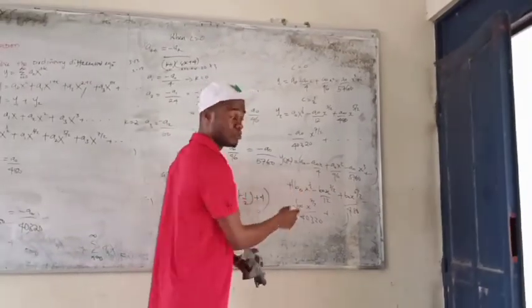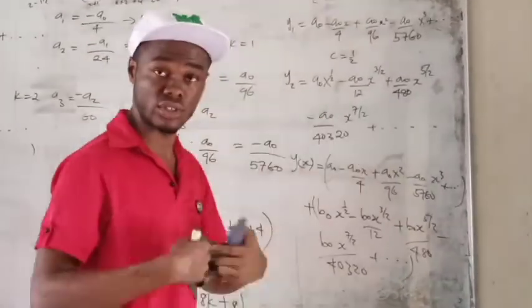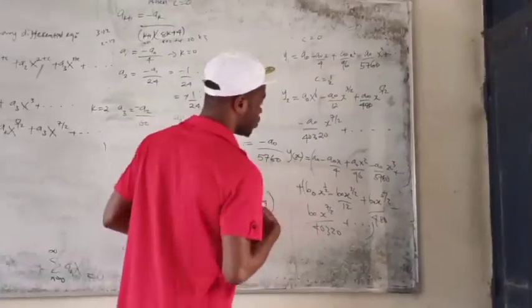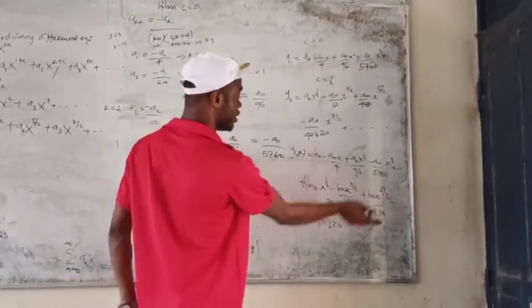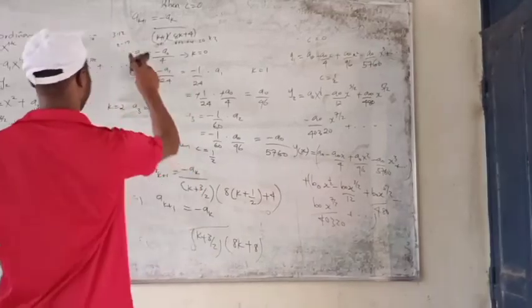Recall, if you decide not to use b0, you can still consider using a0. It doesn't matter. If you like, you can factor out a0. Okay, let's just finish the work.